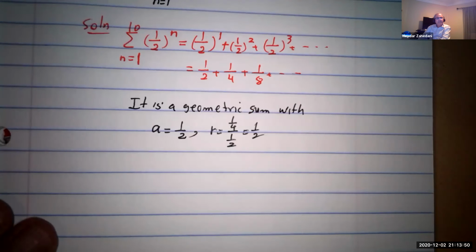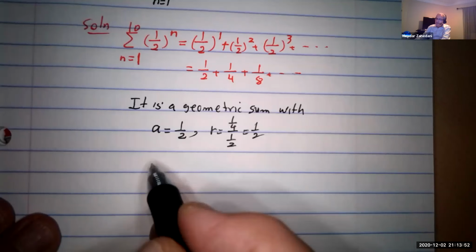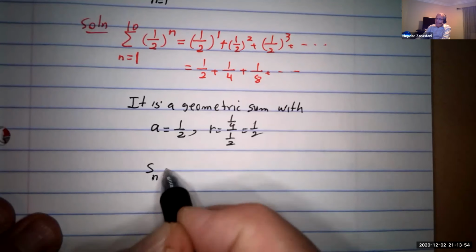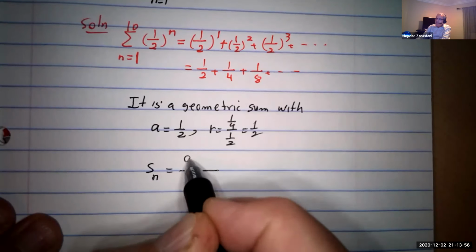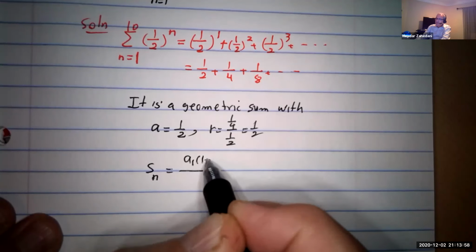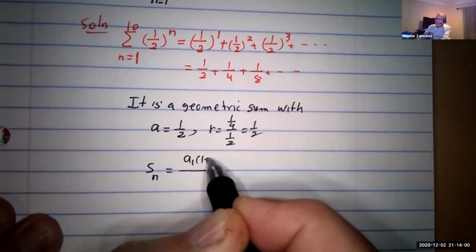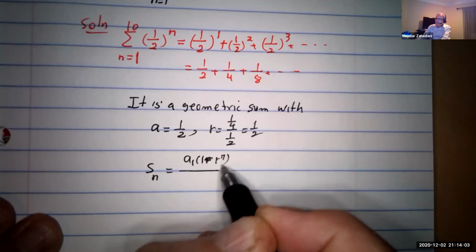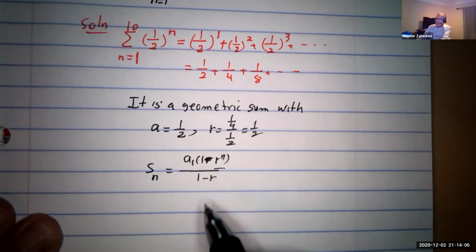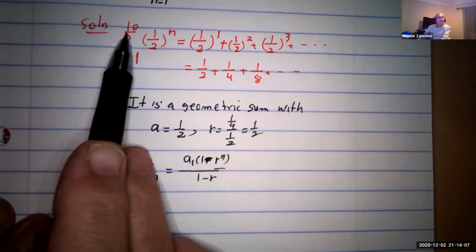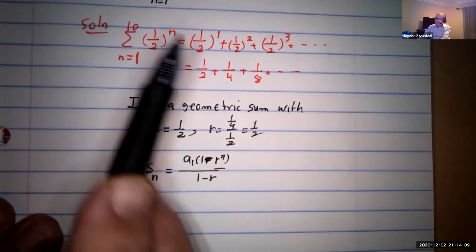Okay? So the formula for the Sn, remember, Sn is A1 times 1 minus r to the n over 1 minus r. But they ask for the 10 only. So you need the S10.